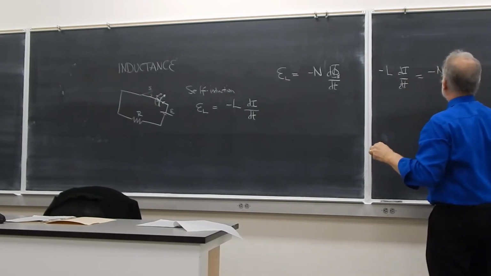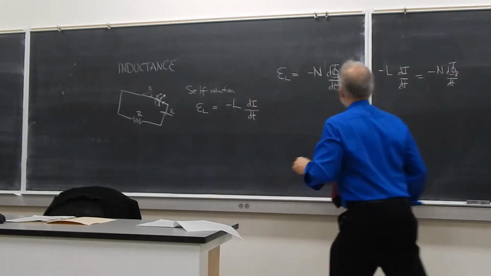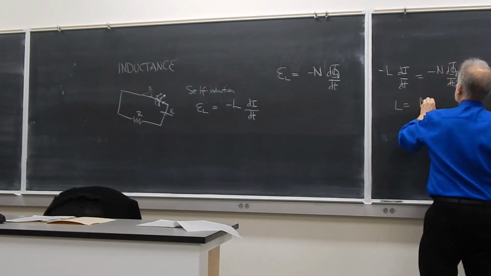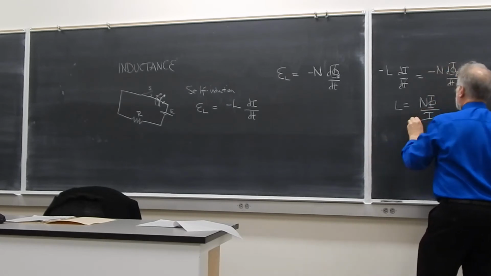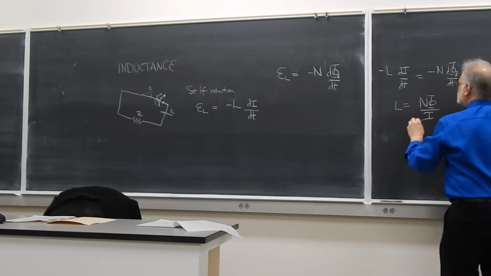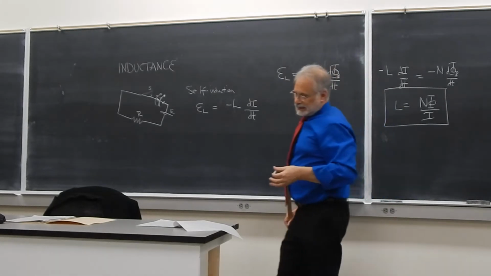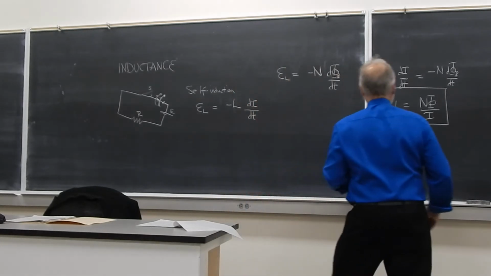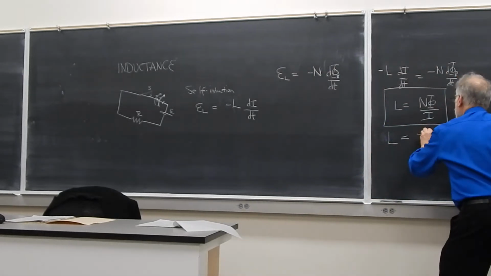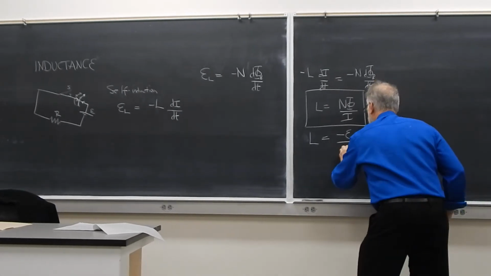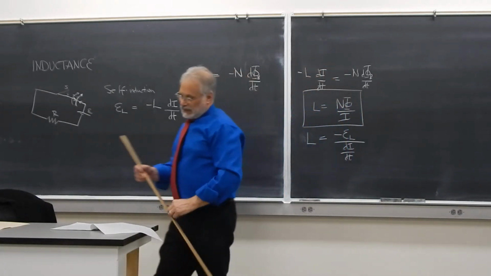I can integrate both sides, and lo and behold, I have a very nice expression for inductance: L is equal to N phi divided by I. So this is a very nice, simple expression for the inductance in a circuit. We can also write L as equal to minus E sub L divided by di dt, an equivalent expression for L.